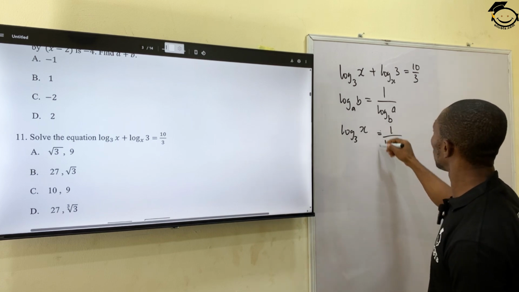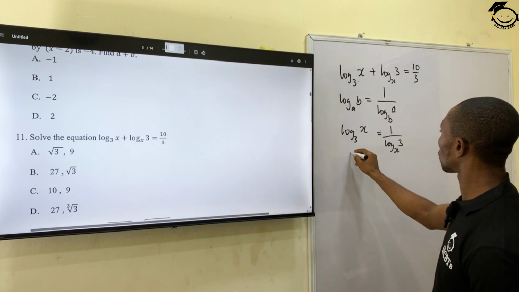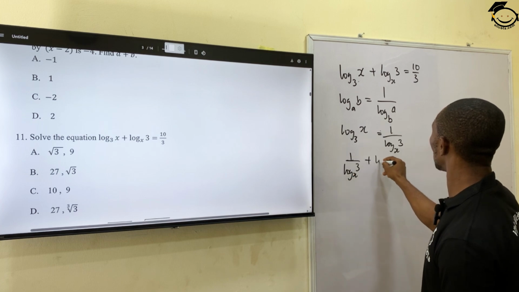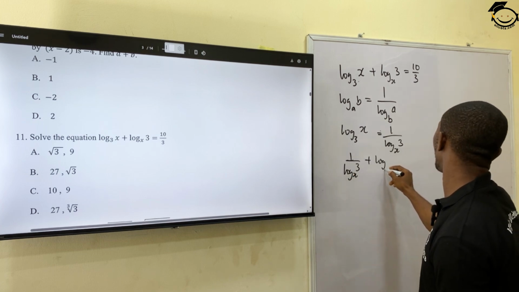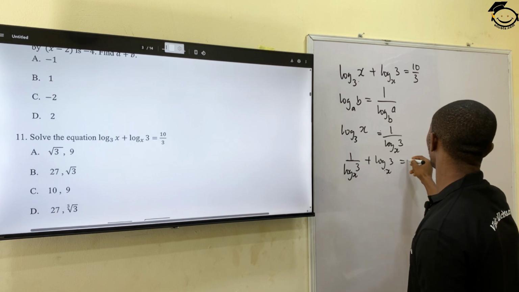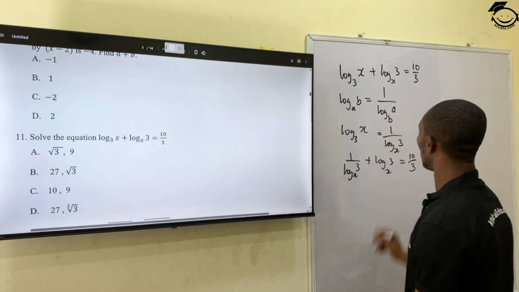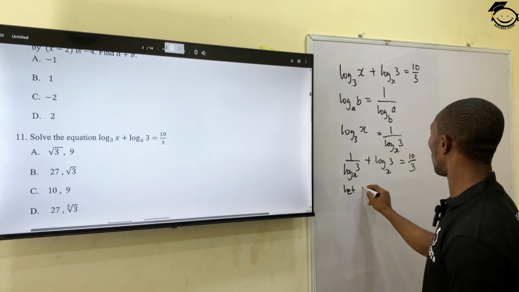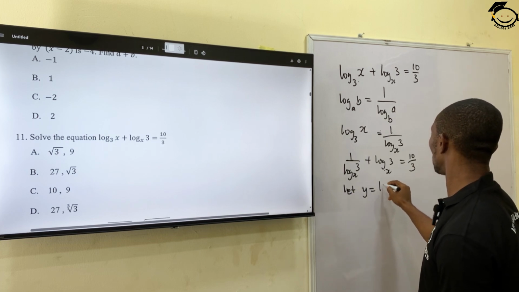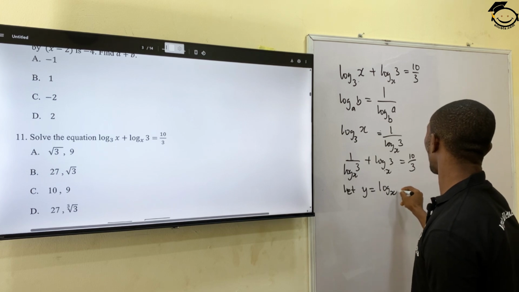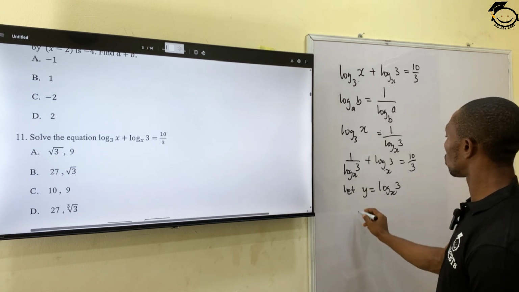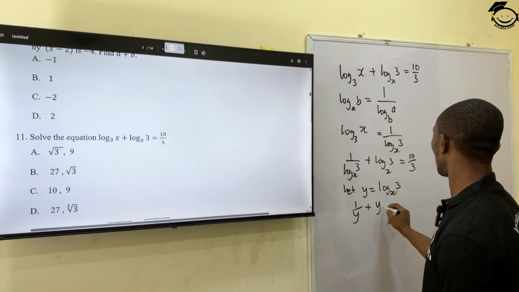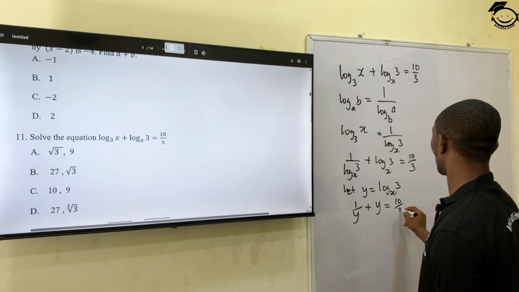Now substituting this, we have 1 over log_x 3 plus log_x 3 equals 10 over 3. Now let y equal log_x 3. So we can write this as 1 over y plus y equals 10 over 3.